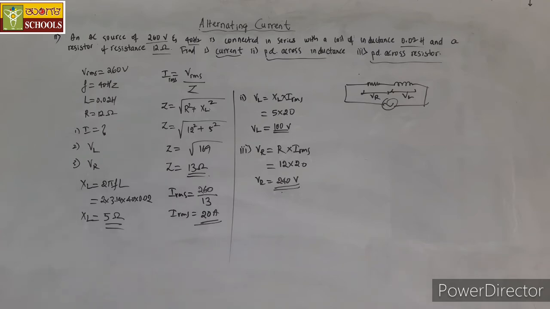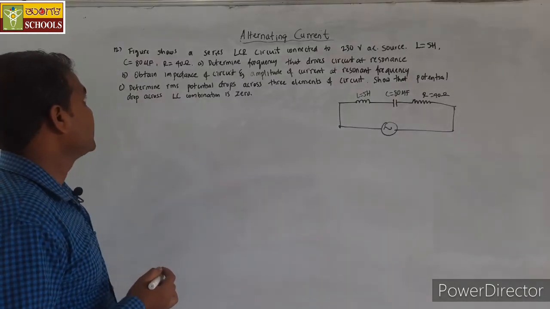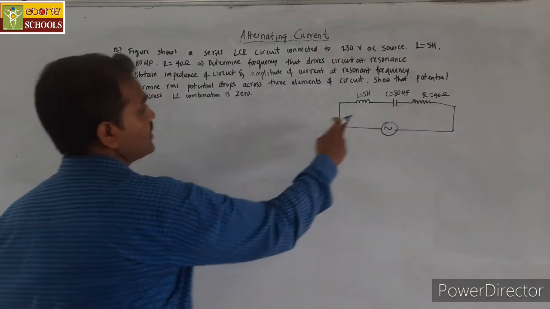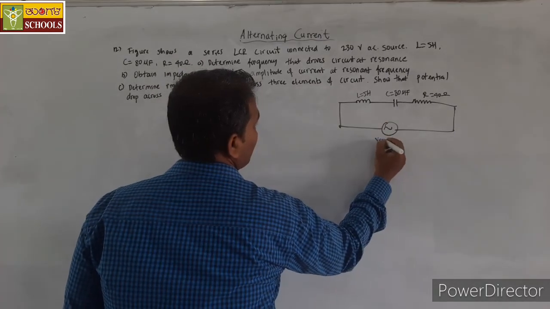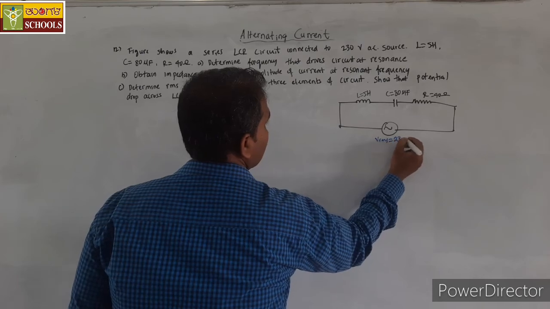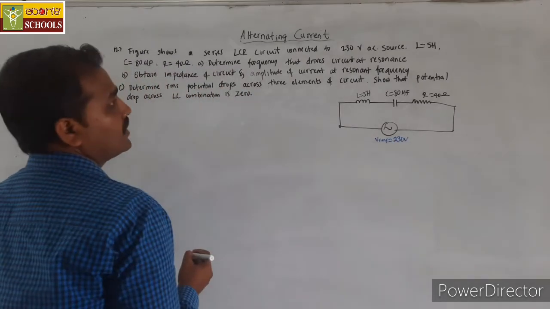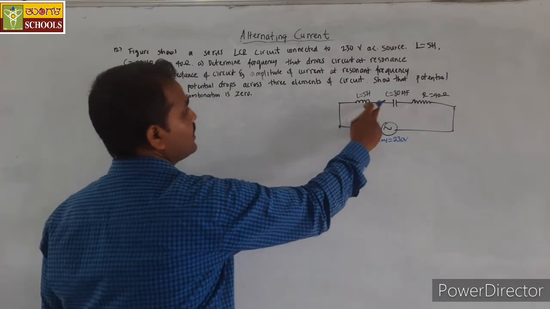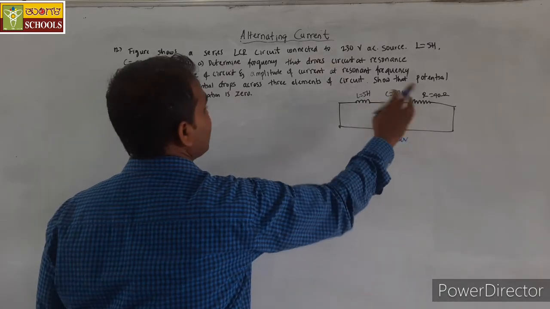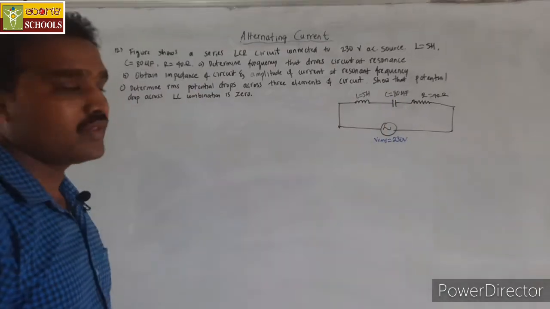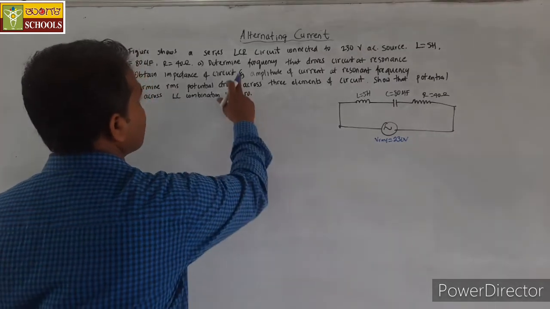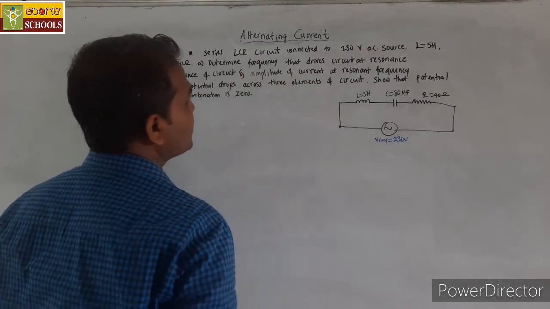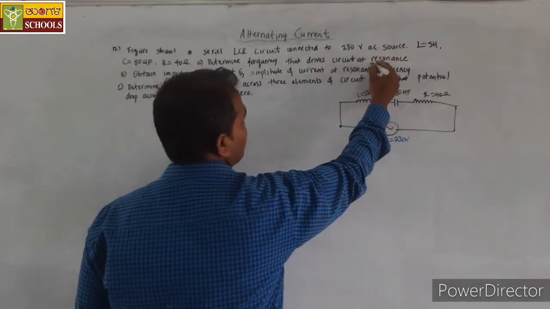Look at the next problem here. The figure shows a series LCR circuit connected to a voltage of V RMS equal to 230 volt. Inductance is 5 Henry, capacitance is 80 microfarad, and resistance is 40 ohm. We are asked to find the resonant frequency, that is, determine the frequency that drives the current at resonance.